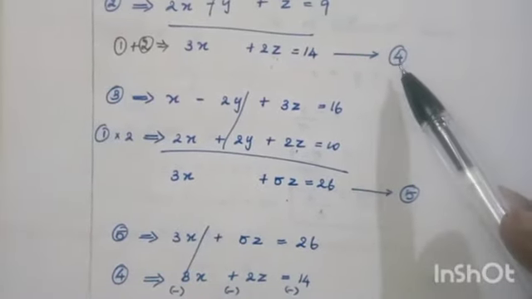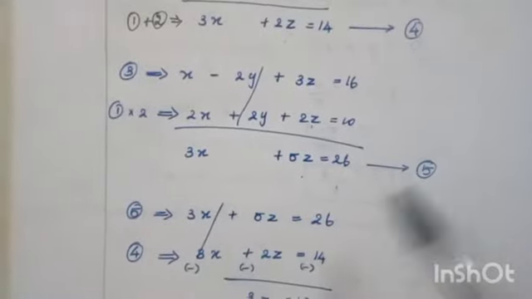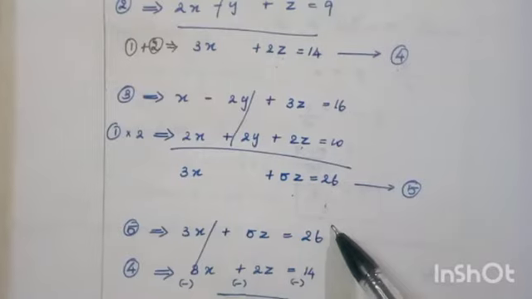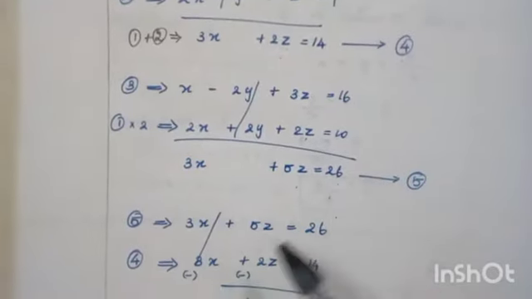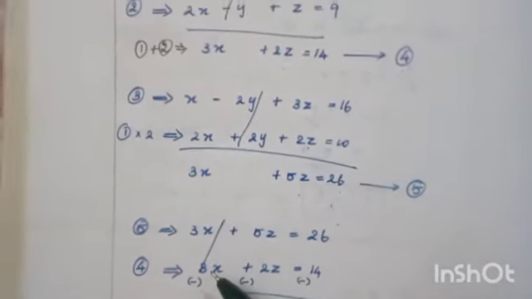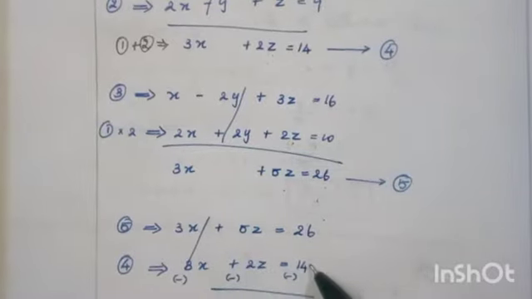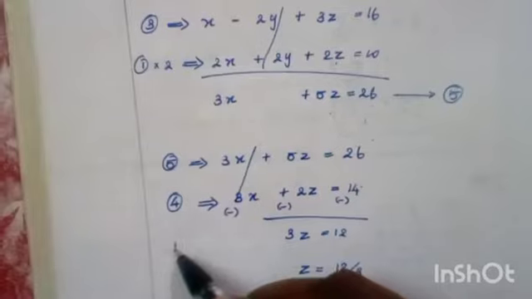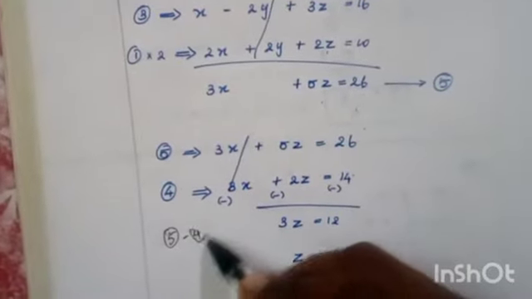Now we have to consider equation number 4 and 5. The fifth equation is 3x plus 5z equal to 26. The fourth equation is 3x plus 2z equal to 14. Now you have to change the sign: here you use 5 minus 4.